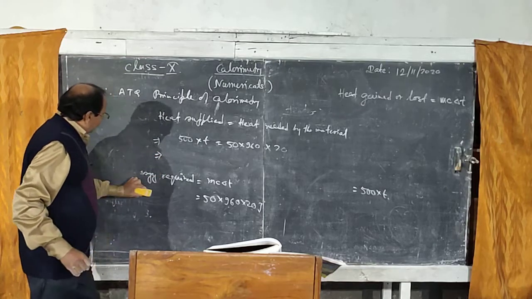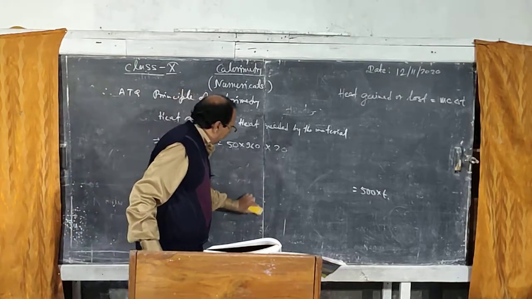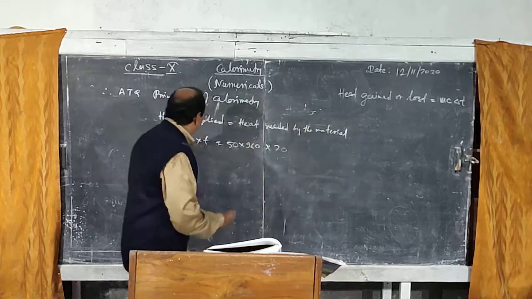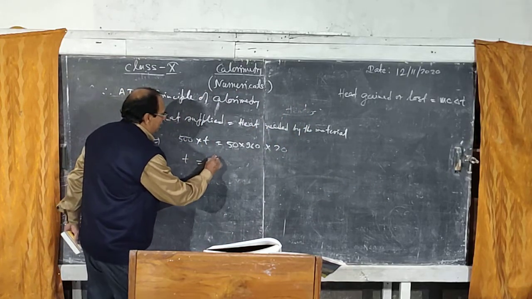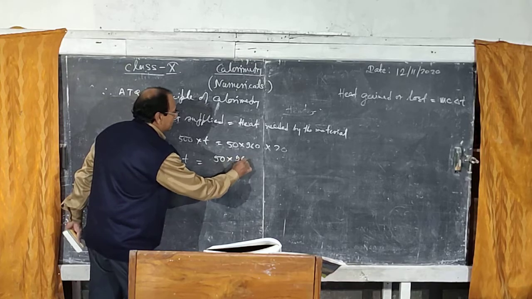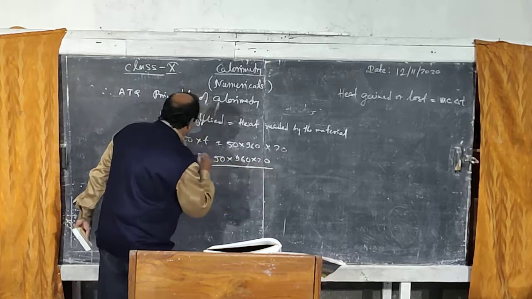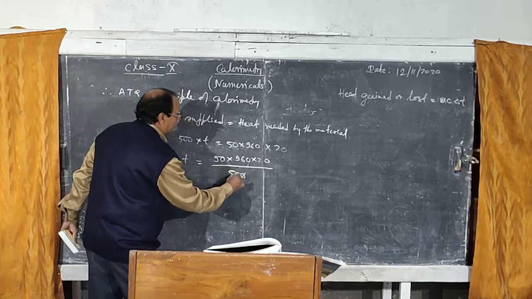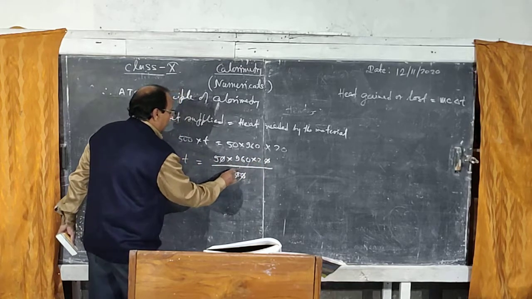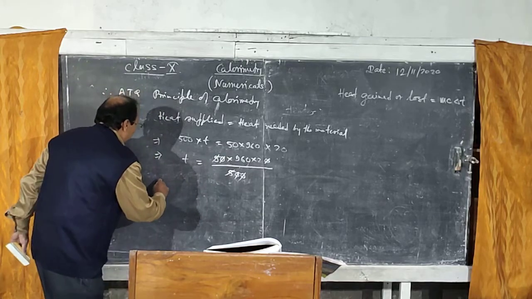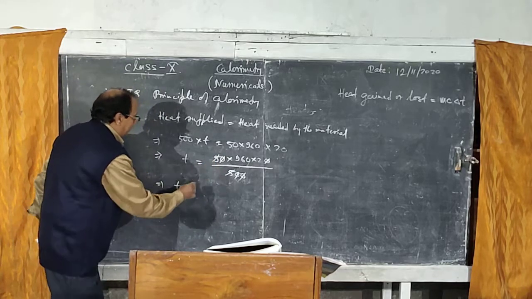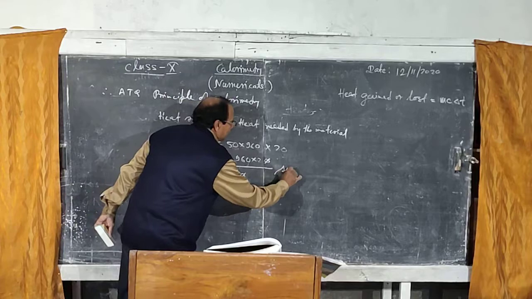So ultimately after calculation we will get the value of time. So time is equal to 50 into 960 into 20 upon 500. Zeros cancel, 5 cancels. So time we got in terms of seconds.